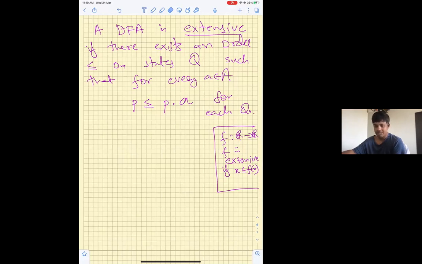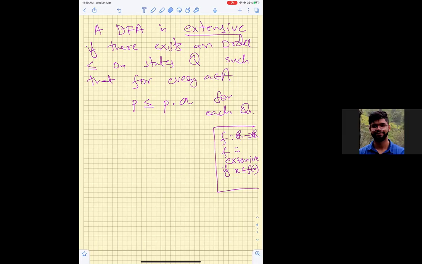If you label your states, you will be able to label your states by numbers in such a way that the transition function on each letter will be an extensive function. So would every DFA be extensive, if you just set the order such that all states are equal?